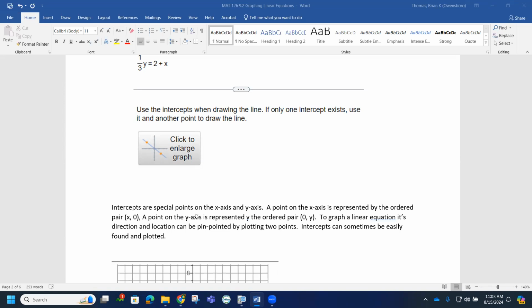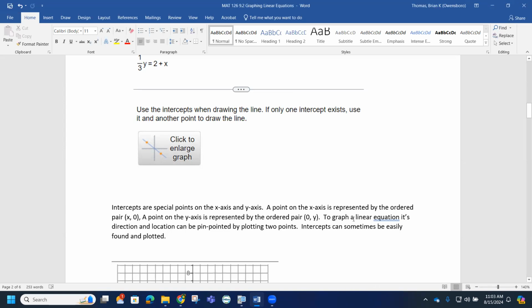So again, intercepts are special points on the x-axis and y-axis. A point on the x-axis is represented by the ordered pair x, 0, because if you're on the x-axis, the y value is 0. A point on the y-axis is represented by the ordered pair 0, y.